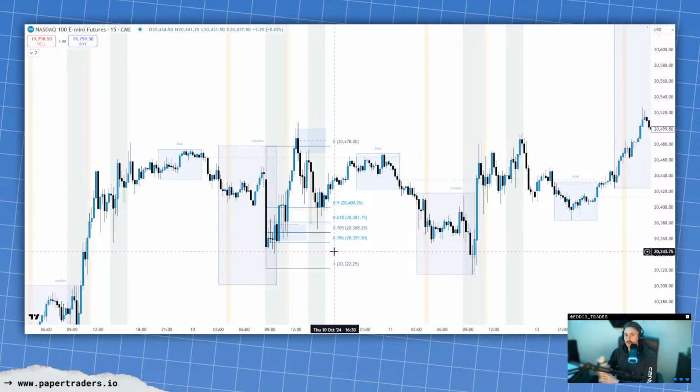Always write out your little plan with the if-then. If we hit this level, then I'm looking for this reaction. If we hit that level, then I'm doing this, right? It helps you stay unbiased in the market.